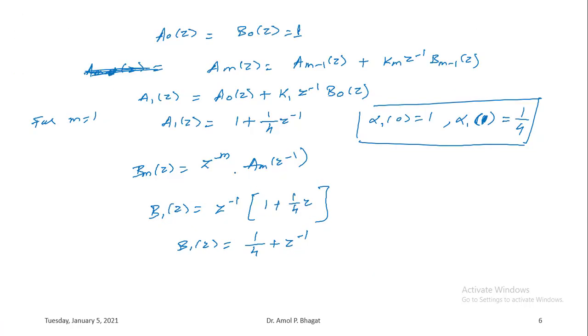By utilizing these equations a0 of z, b0 of z, am of z, and bm of z, we recursively identified am of z and bm of z, and from am of z we identified the direct form filter coefficients.